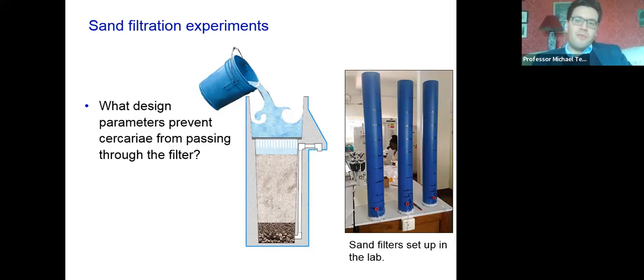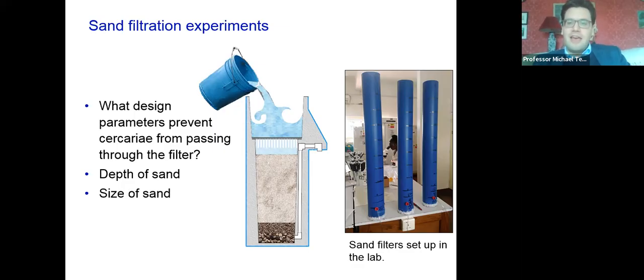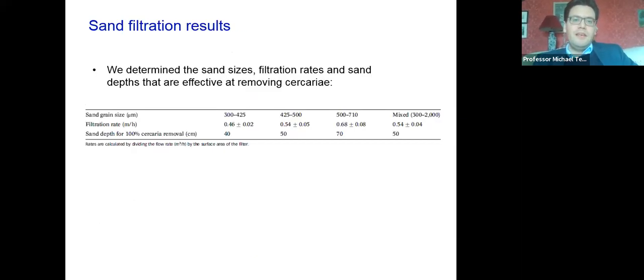So again, we did some rigorous experiments in both the UK and with our African partners, to figure out what depth of sand you need, what sizes of sand are effective to filter out the cercariae, and also what the filtration rate is, the rate at which you introduce the water to the filter, so that you get effective removal of the cercariae. And again, we were able to determine the sand sizes, the filtration rates, and the sand depths that are effective at removing cercariae, as shown in the table here.